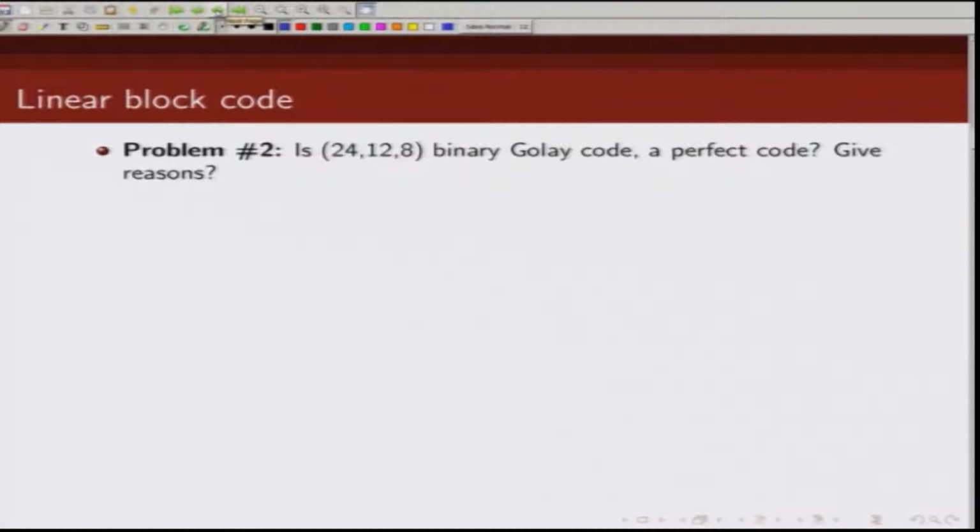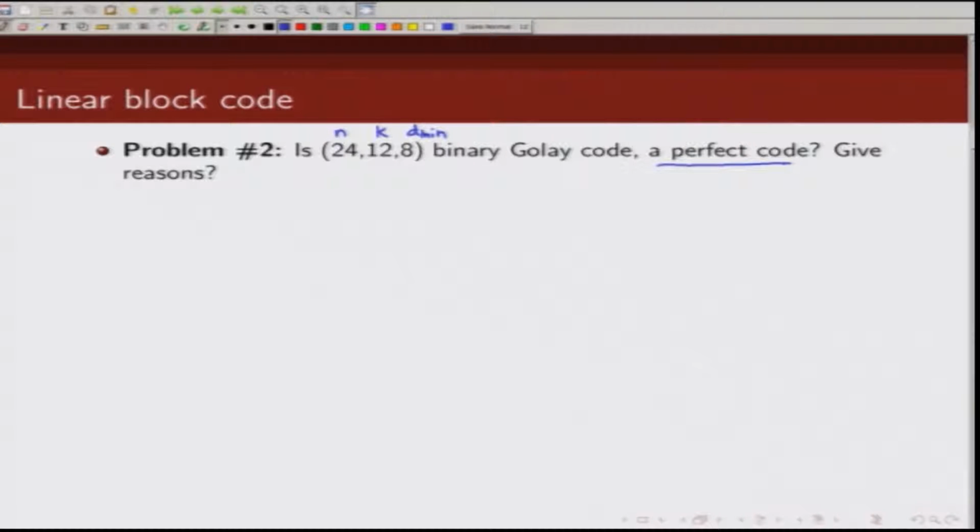The next question: the (24, 12, 8) binary Golay code, is this a perfect code? Again here n is 24, k is 12 and minimum distance is 8. Now, what is a perfect code?